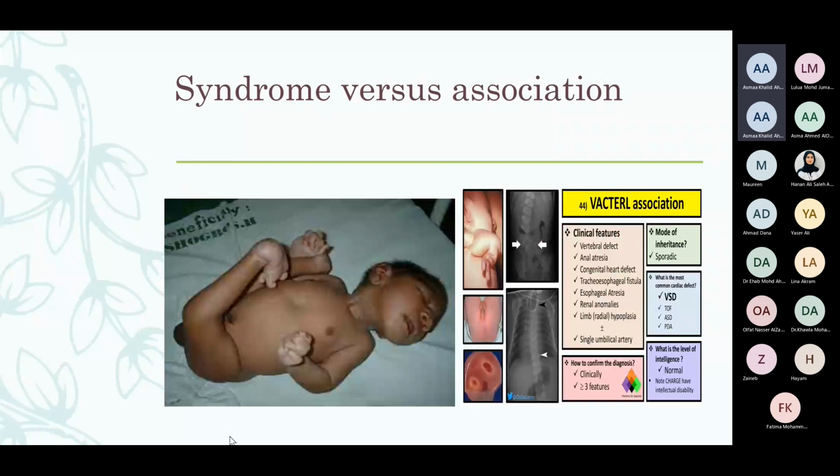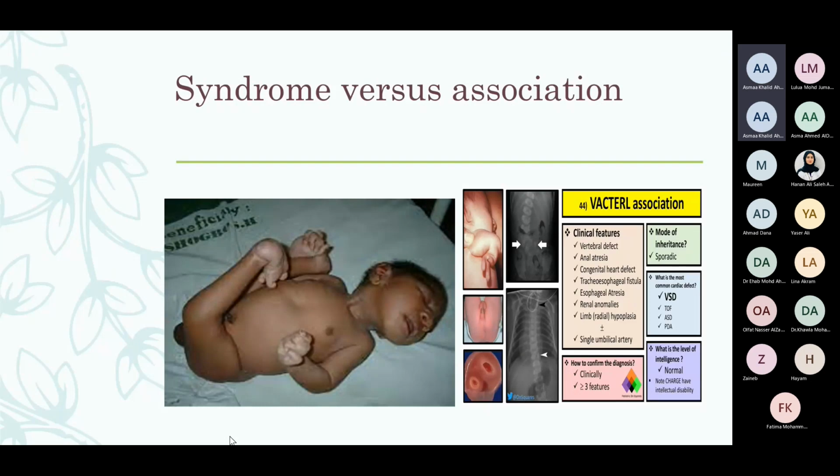This is just an example, something like VACTERL. We know the VACTERL association and what this stands for. But just to tell you that it affects, as you see, multiple organs: the GI, the cardiac. But there is no certain etiology that you can refer VACTERL to.